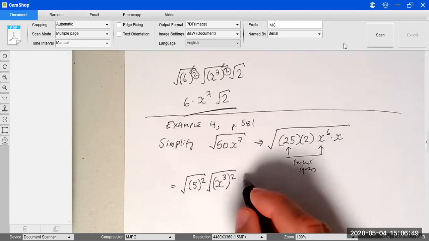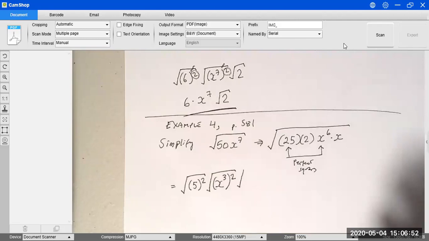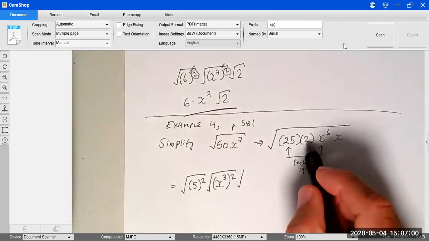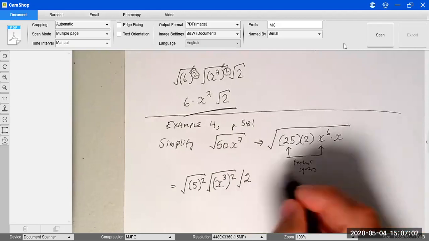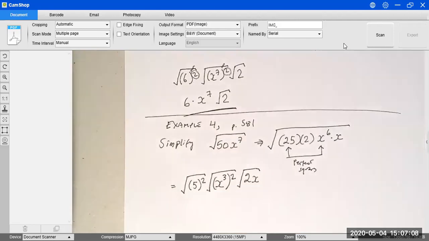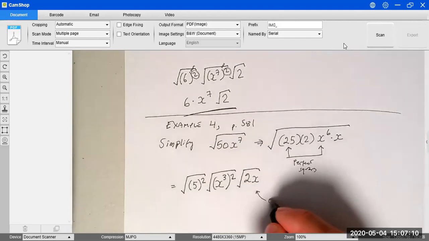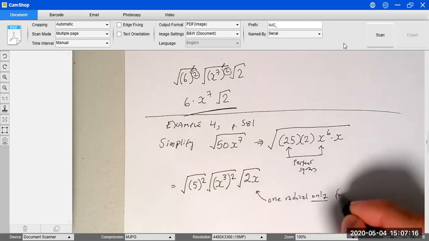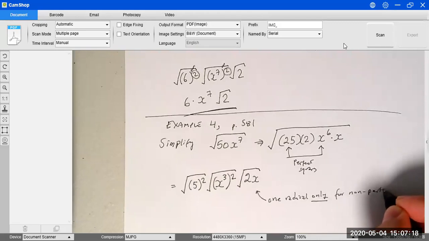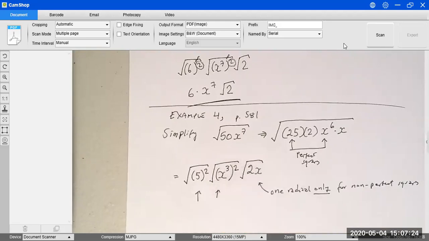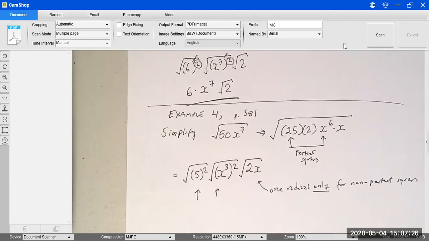So I have two perfect squares, so I have two radicals containing perfect squares. Now the last radical: I only need one radical for non-perfect squares, because you cannot simplify further. What is remaining is this number 2 and this x. So only one radical for non-perfect squares, and you can have as many radicals as perfect squares you have.